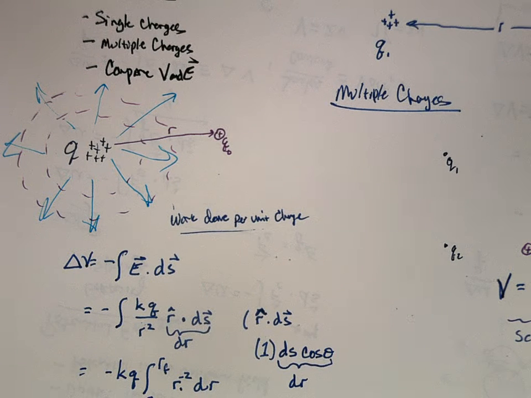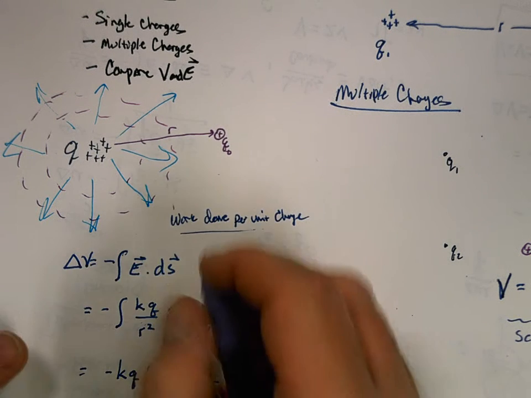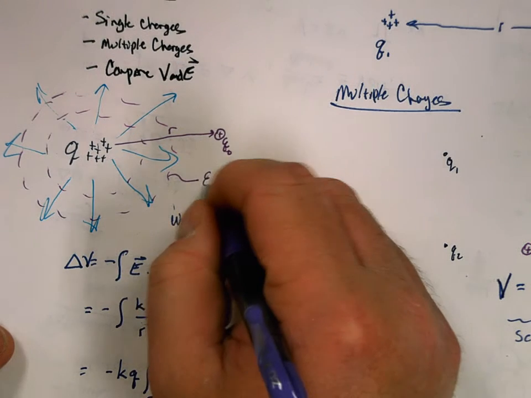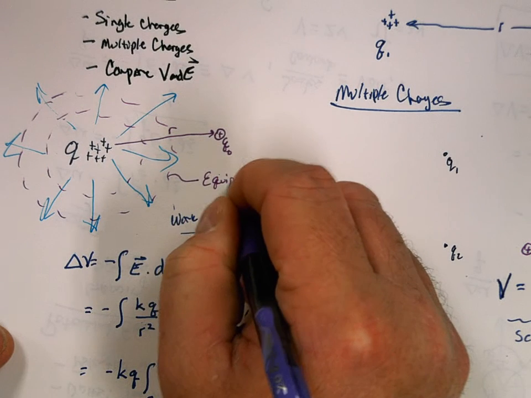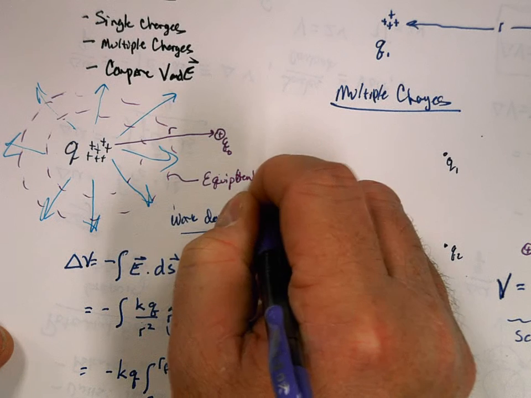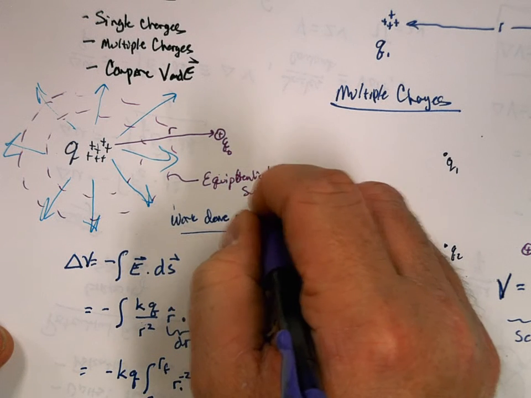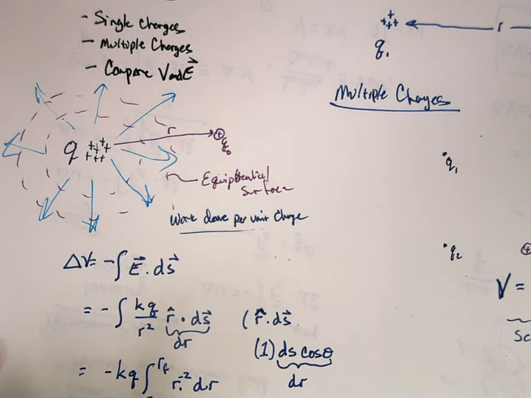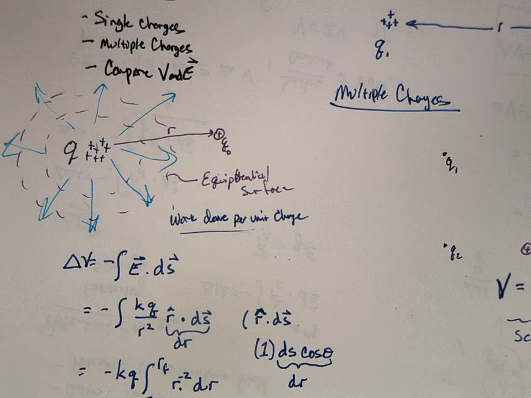And we have a name for this, and this is called an equipotential surface. And we can have these equipotential surfaces because they are scalars.